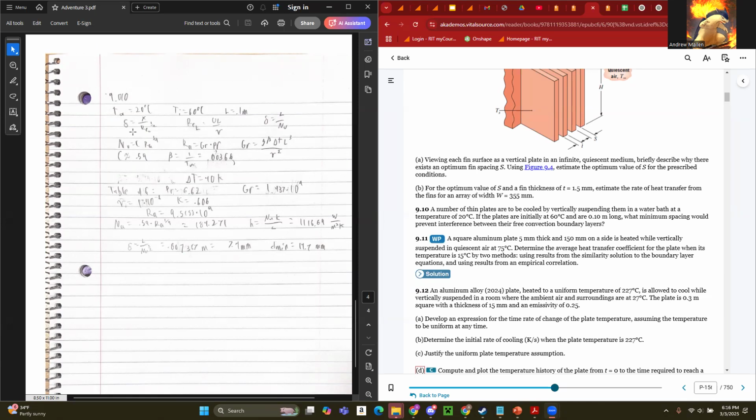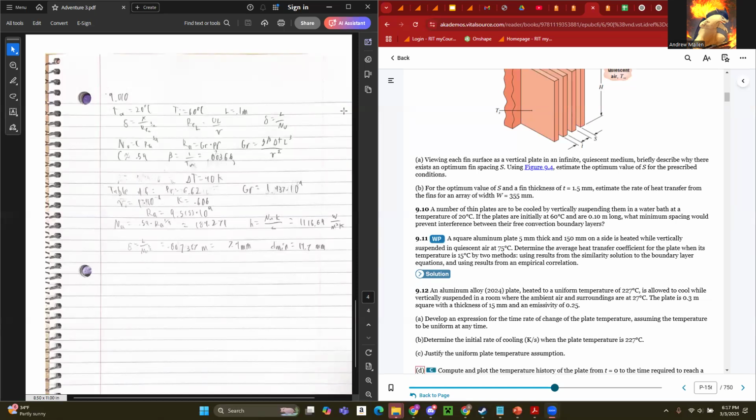The boundary layer distance is equal to x over Reynolds number to the 1/2. However, because this is free convection, the Reynolds number doesn't really work out super well. However, we can instead use this version of the equation where the boundary layer distance is equal to the length of the object over the Nusselt number.